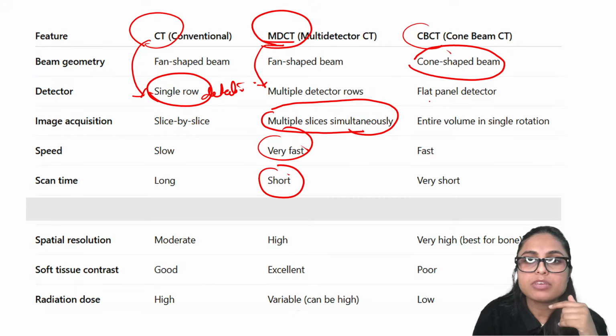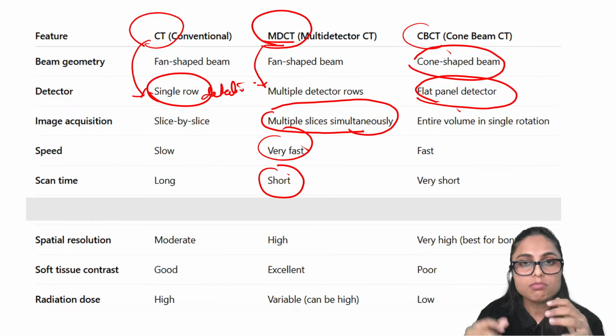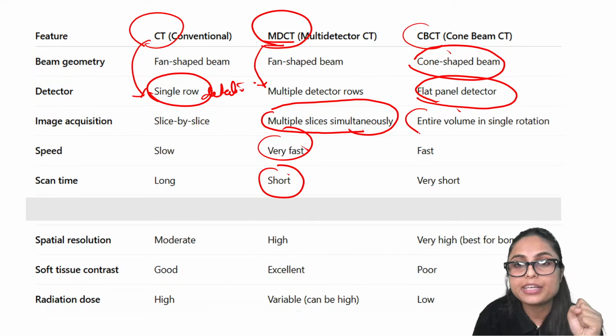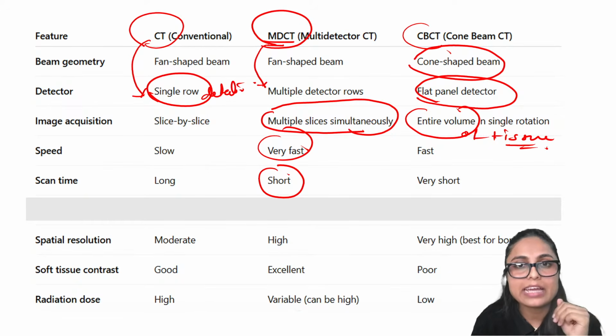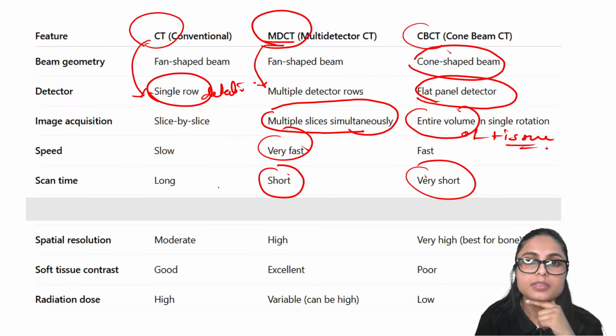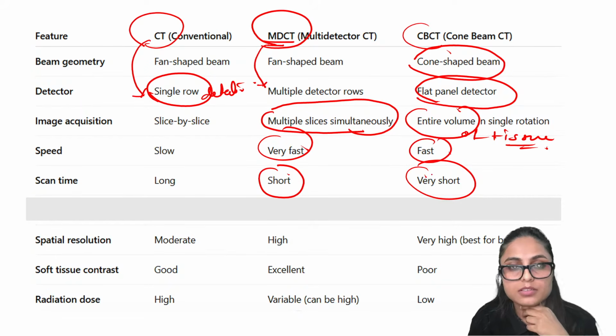We use flat panel detectors in CBCT. We had discussed this in CBCT. During one rotation, it captures the entire volume of the tissue, so the scan time is very short here, and the speed is very fast.